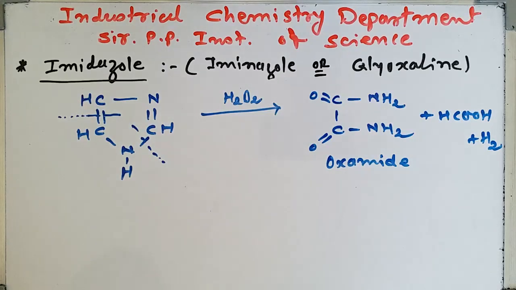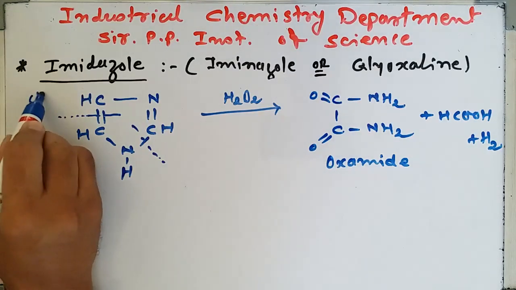So when imidazole is heated with hydrogen peroxide, it readily opens the ring to form oxamide. This is the first ring opening reaction.